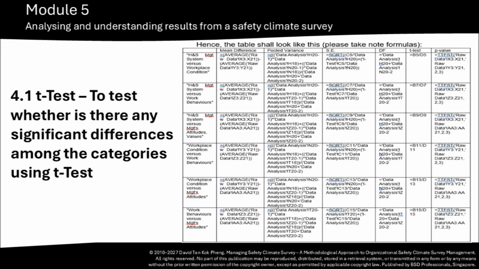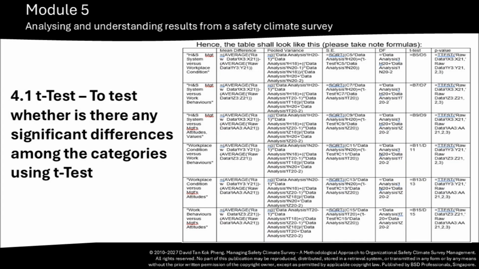To ensure that t-test analysis is conducted systematically and comprehensively, pairwise comparisons are performed between all key elements of the health and safety framework. The analysis begins by taking health and safety management system as the baseline element and comparing it against each of the other three constructs: workplace condition, workers' safety behaviors, and management's attitudes, values and beliefs.